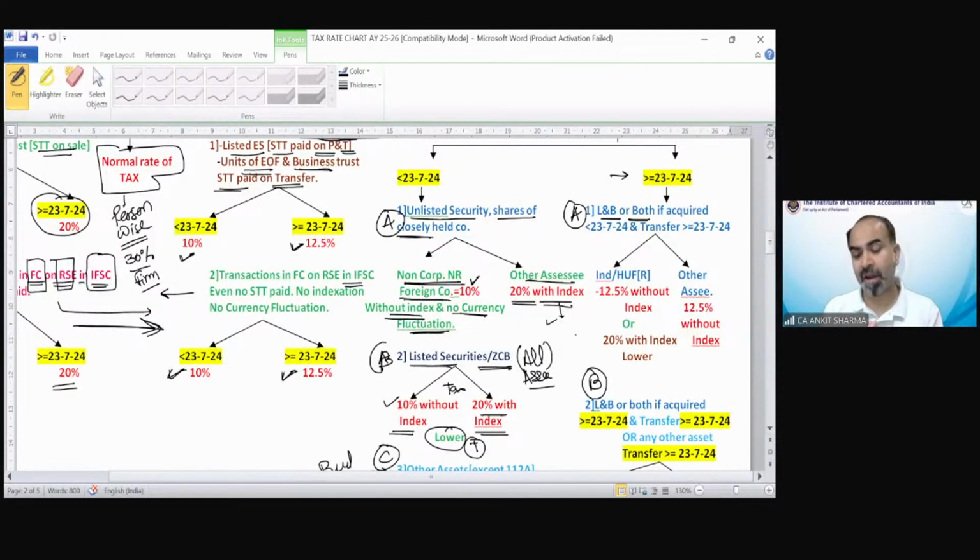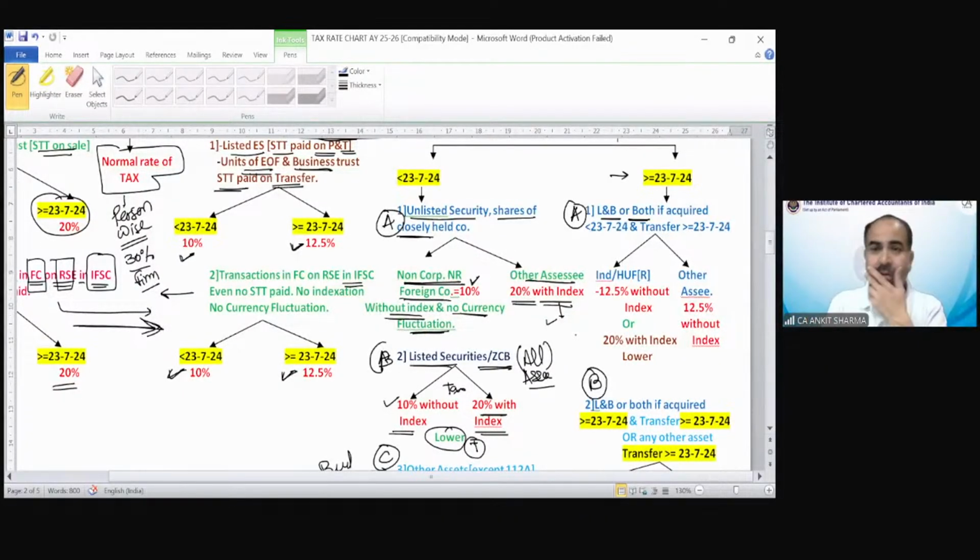The first thing you have to see is whether the date of transfer is before or after 23rd of July. Only taking that concept into mind can you go further to solve a question, because that will change everything.